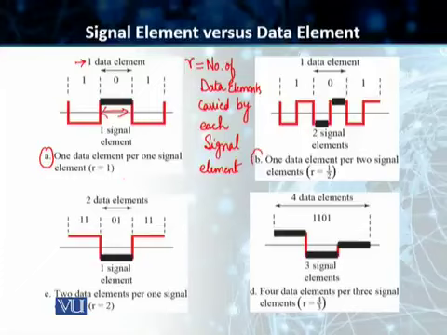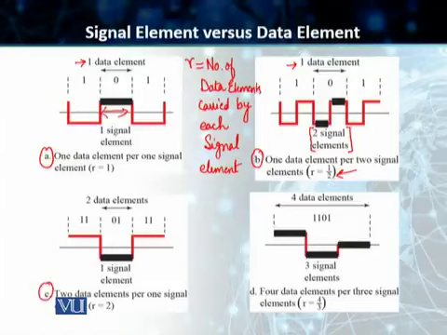Now, in scenario B, we have got one data element, once again on the top. But in this case, we are using two signal elements to carry one data element. We are using two signal elements to carry one bit. The value of r, as you can see, is 1 by 2.